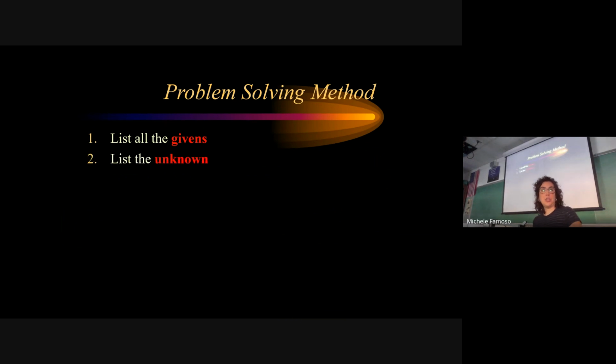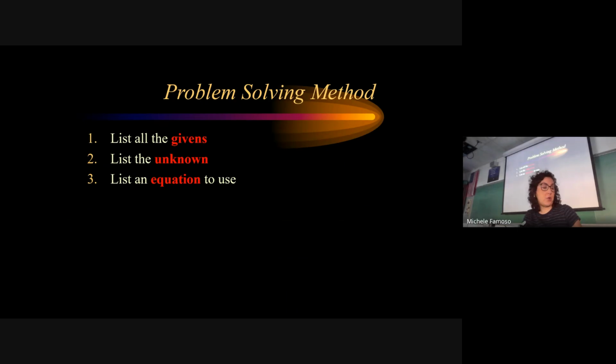Then the next thing we do is we list the unknown as a variable. So we try to figure out when we read the question, what is it that we're being asked to solve for? That's our unknown. What letter does unknown start with? U. Okay, so we have a G and a U. The next step is to list an equation to use.